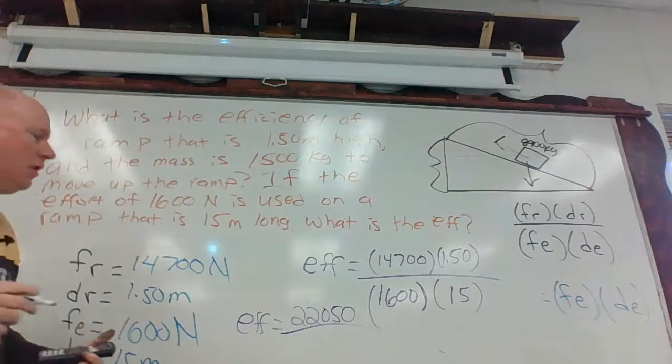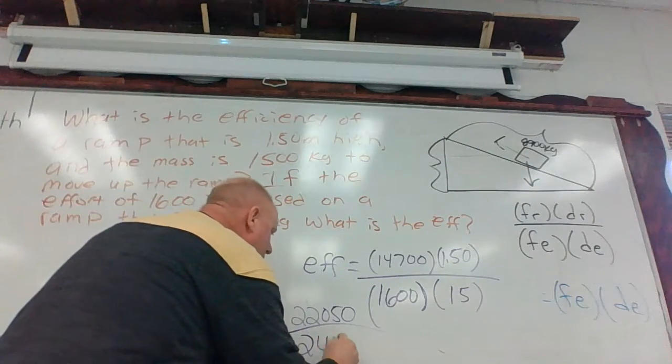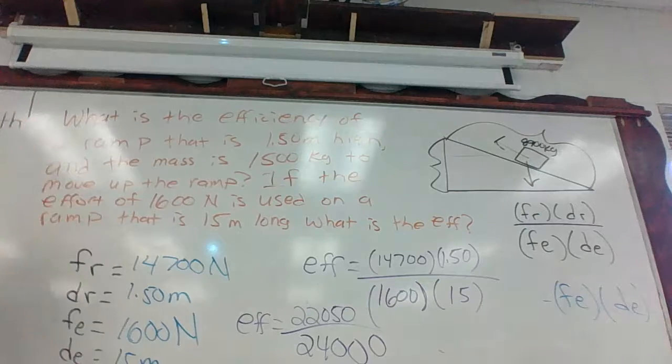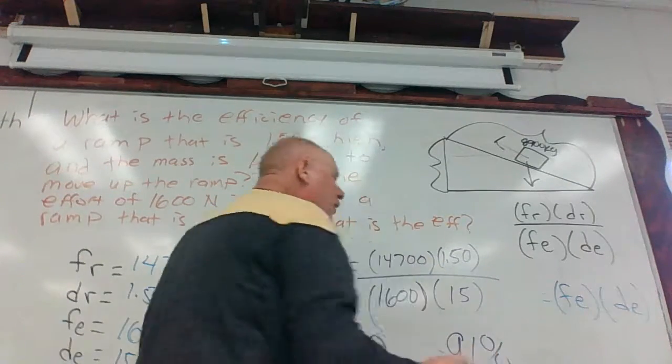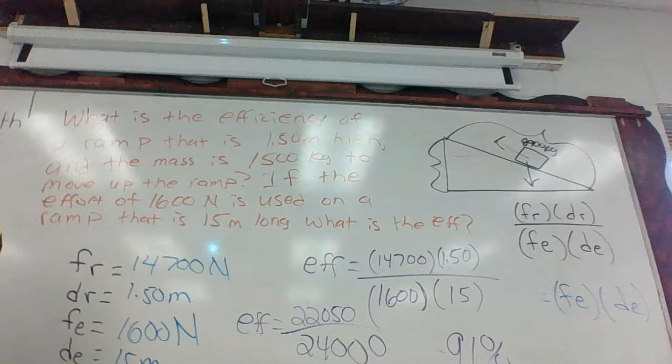Okay, so once you get it down to here, what do we get for an efficiency? 91%. It gives you an answer of 0.91, but you have to take that times 100, because that's your efficiency then. Okay?